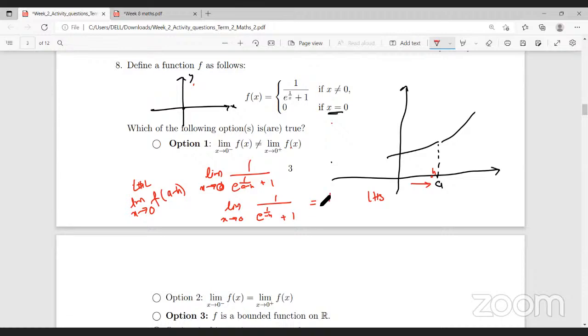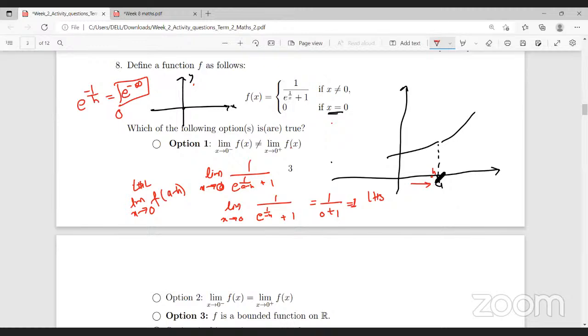So it will be e to the power minus 1 by h. If I put h equals 0, 1 by 0 is infinity, so it will be e to the power minus infinity, which will be 0. So I get 1 upon 0 plus 1, which equals 1. It is not equal to 0.